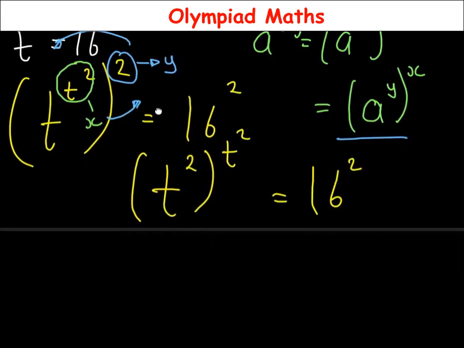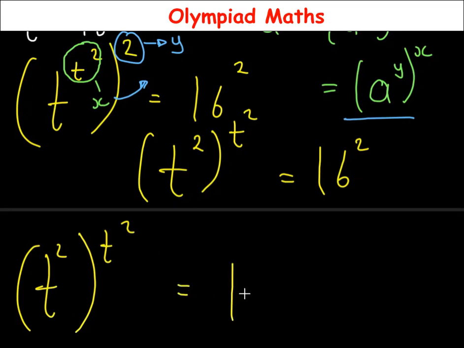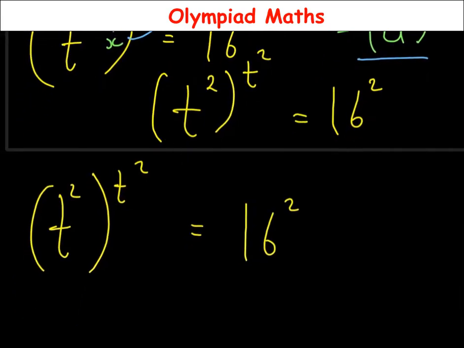Now with this, what we have is t raised to power 2, all raised to power t raised to power 2, is equal to 16 squared. Now if you look closely right here, this, which is the base, is equal to what we have here, which is the power. The base and the power are equal to each other. We have t squared here, we have t squared in the power also.